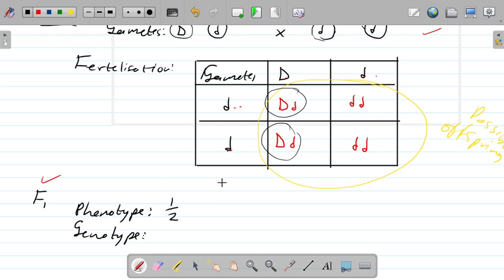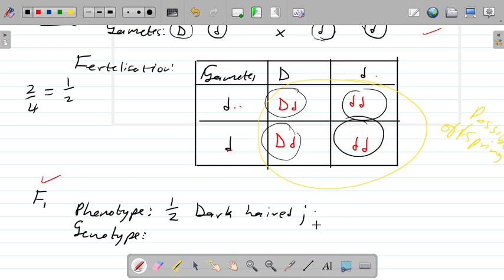Always simplify the fraction. 2 over 4 is the same as 1 over 2. Phenotype is physical appearance: they are dark haired. The other 2 out of 4, which is 1 over 2, are blonde haired.